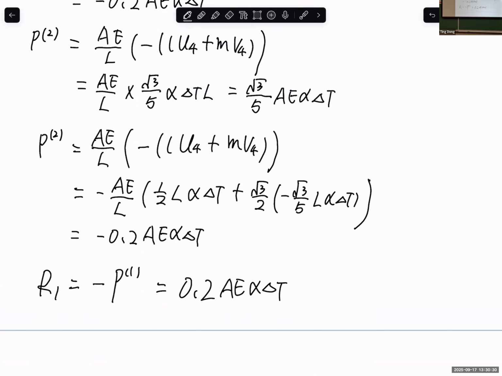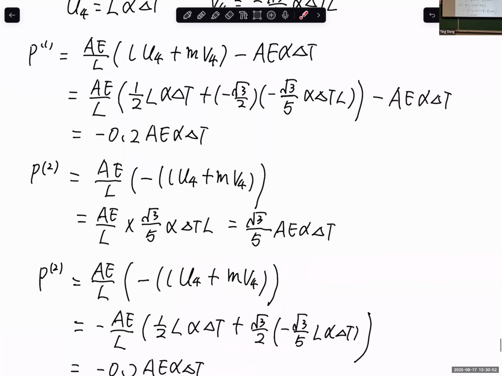And what does this one mean? So again, this is the number. Of course, you can use the standard procedure: you calculate R1x, you calculate R1y, and then you have R1 equal to the square root of R1x squared plus R1y squared. You get the same answer, right? But what does this positive number mean?